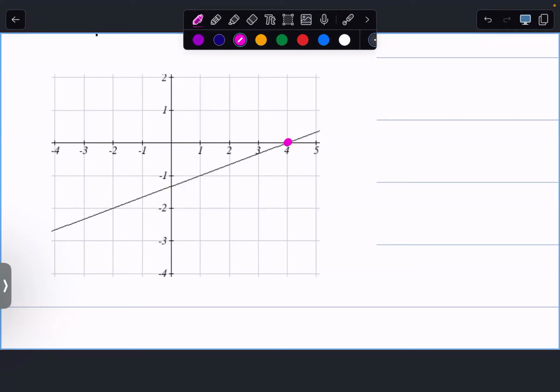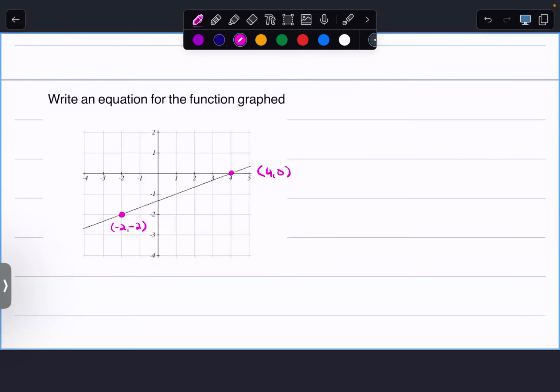Here, I'm feeling good about this being at (4, 0), right? And I'm feeling good about this being at (-2, -2). So now, all of a sudden, I'm back to that very first scenario where I just have 2 points and I need to find the equation of this function.